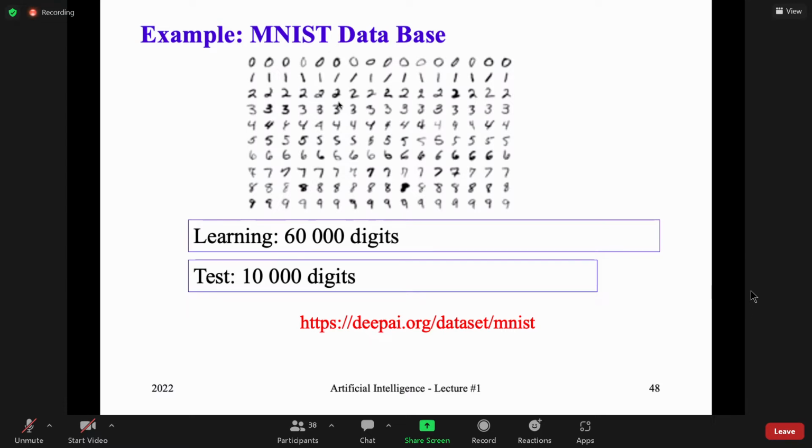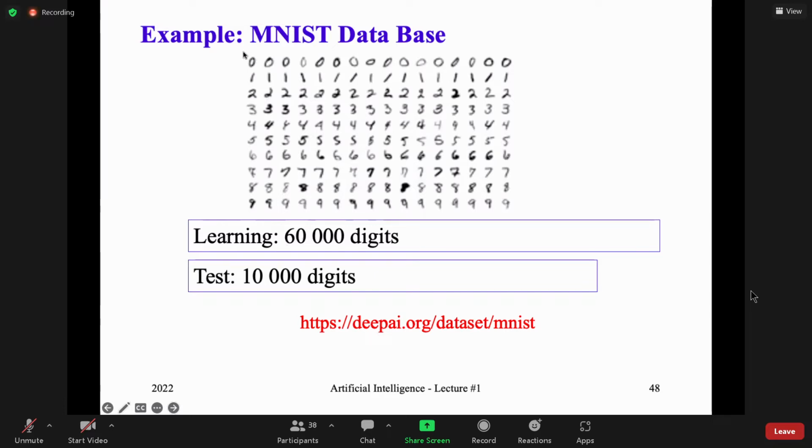Okay, so it means that if we have, for example, 60K digits for the full database, the average is around 6K examples per digit.